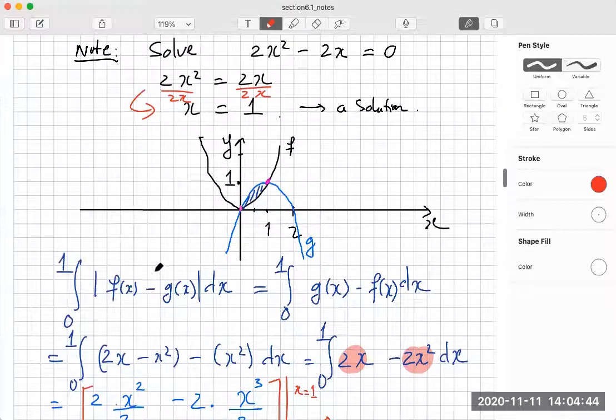And from the formula, this is the integral from 0 to 1. Then we can eliminate the absolute sign here and write it as g minus f and compute the integral easily. So is the process clear now? Good job.